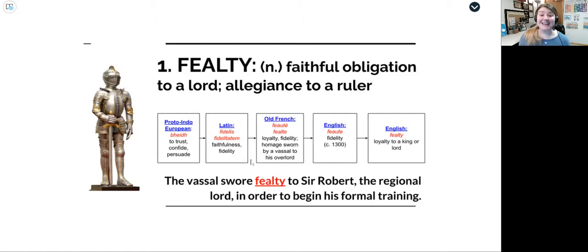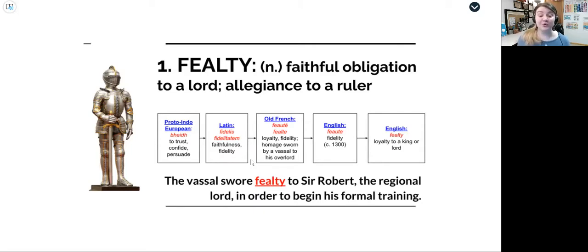Now, this word actually starts all the way back with Proto-Indo-European, and this is kind of a theoretical mother language where linguists have traced back, based off of our current languages, they've traced it back to this one source language in the Indo-European region. So tracing that back, we get ved, which is to trust, confide, or persuade.